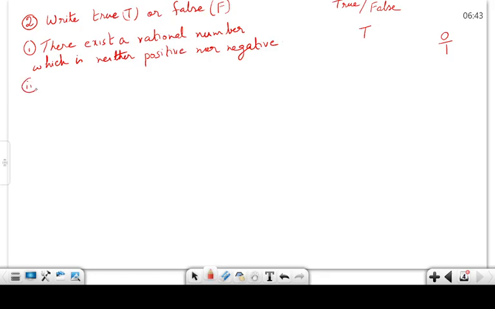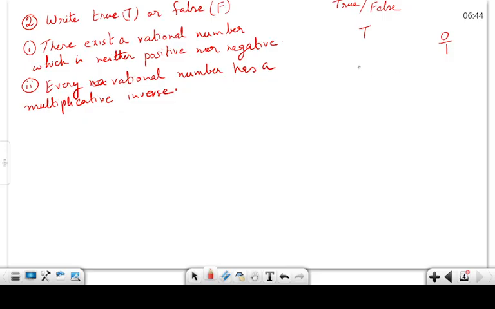Number 2: every rational number has a multiplicative inverse.